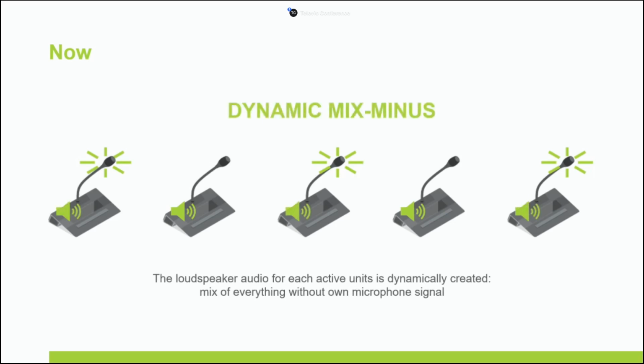We get the dynamic mix-minus with a mix of everything without its own signal. It's not done on the station itself, but it's really dynamically creating individual loudspeaker channels, and those are being put on the Plixus network from that point in time.